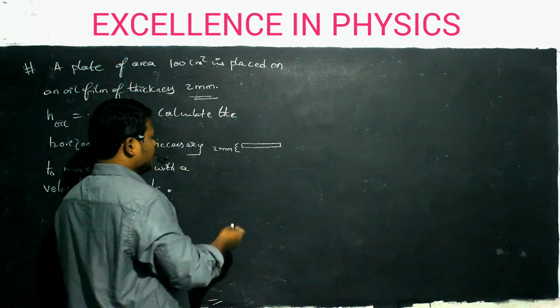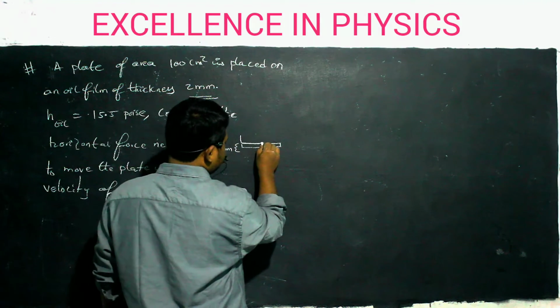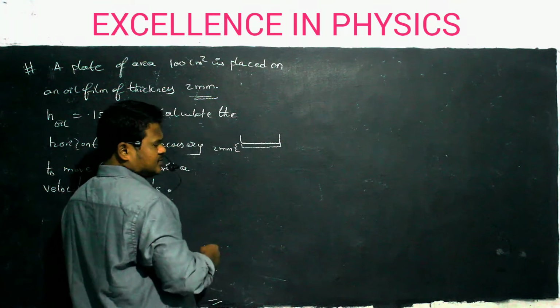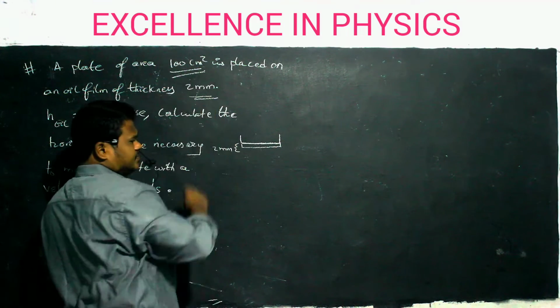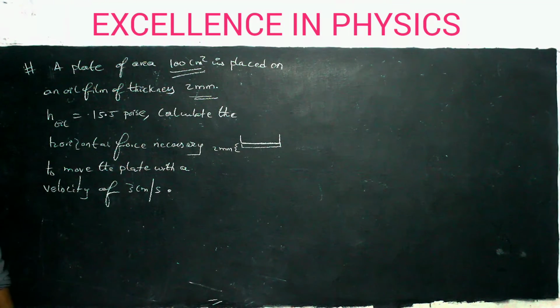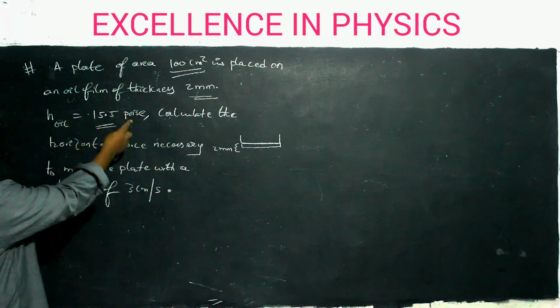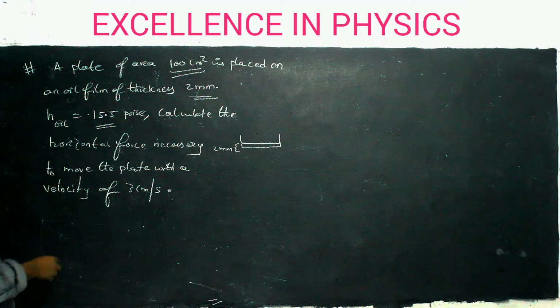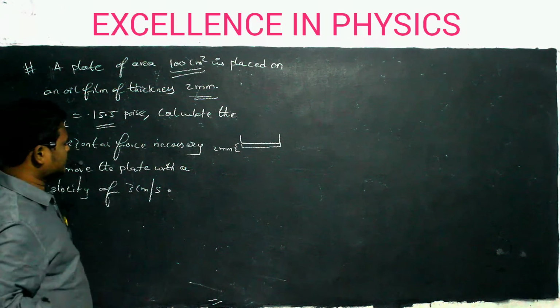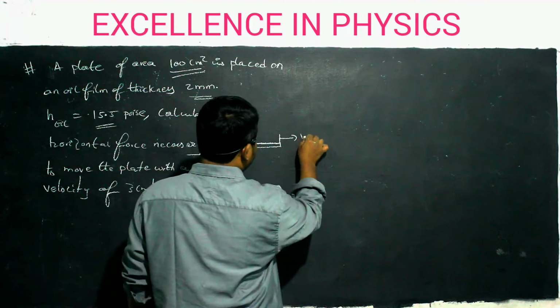So let us consider this is the plate which I am placing, and its surface area is 100 centimeters square. Then if the coefficient of viscosity of oil is given as 15.5 poise, I want to move this plate with a speed of 3 centimeters per second.